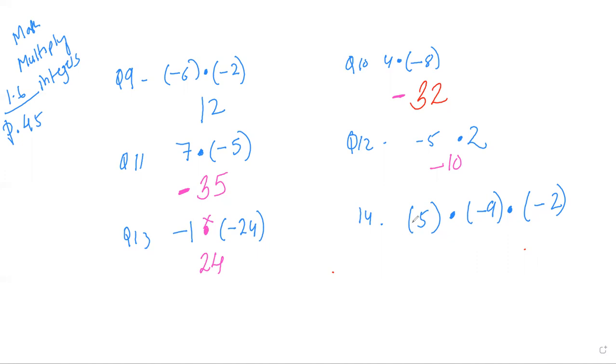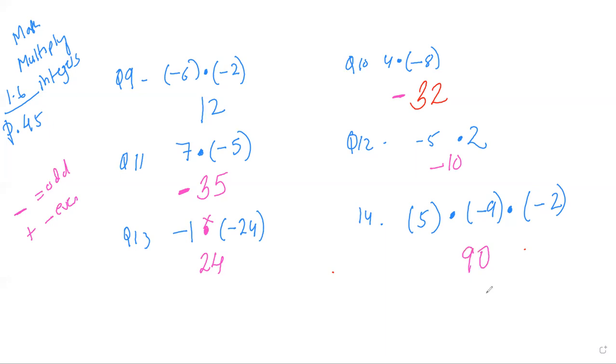And again, if you have an odd number of negative signs, your answer will be negative. If it is an even number, it's positive. Positive, yes, because there are two negatives. If there are three negatives, if there are five negatives, your answer will be negative. If there are four negatives, your answer will be positive, like that. So it's 5 times 2, 10. 10 times 9, 90.